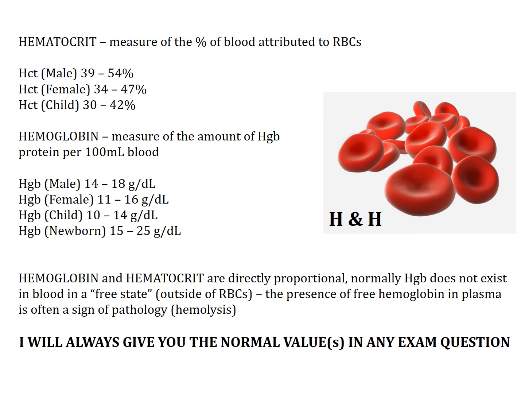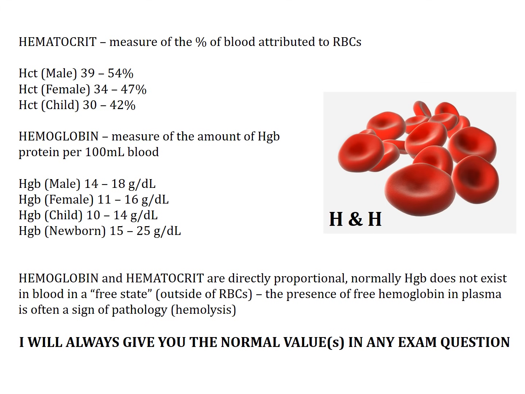So you can measure the hematocrit. You can also measure the hemoglobin protein. When you get a hemoglobin measurement, they're measuring the amount of hemoglobin protein per 100 mLs of blood. And again, you can see the typical values of hemoglobin for individuals as well.